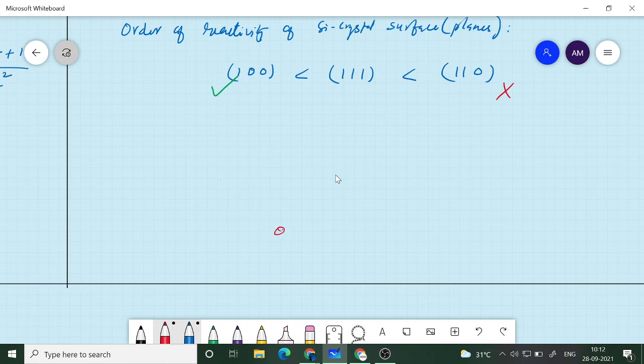So this is the corner atom, and then you have the face at the bottom, and then the face at the left side, or let me just draw the tetrahedron.